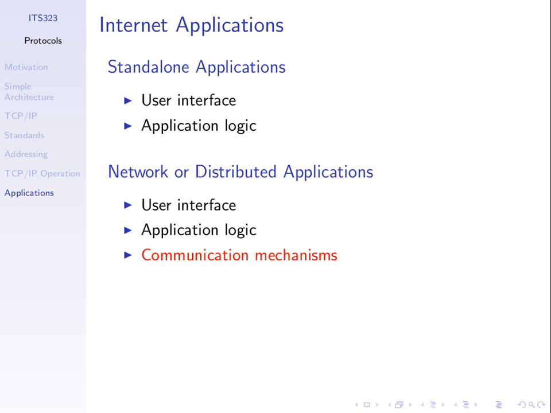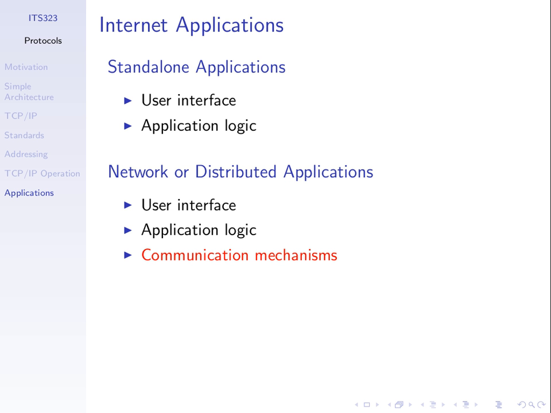A networked or a distributed application works by communicating between instances of that application on different computers. So we usually have some user interface, the logic that does what the application needs to do, and also some mechanisms to communicate. So web browsing. Web browsing is enabled by two instances of a web application, a web browser and a web server.